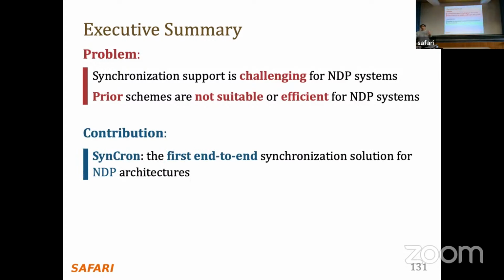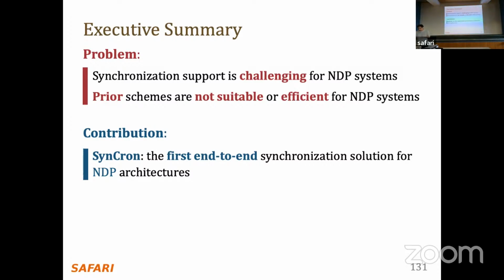But these approaches are not suitable for NDP systems because in NDP systems, we don't have a shared level of cache. We may have small caches in each of the PIM cores, and then they have access to the main memory, but they may not even be able to access the same parts of the memory. So we need to think about something else for synchronization and communication of PIM cores.